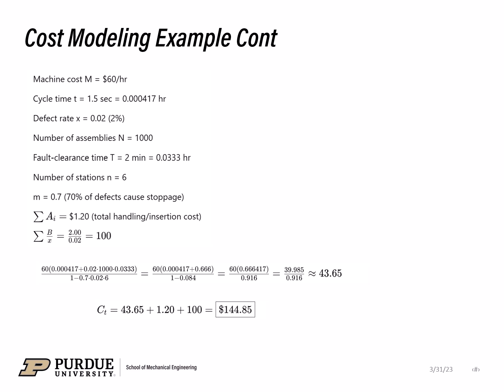When you plug these numbers into the total CFT equation, you get $43.65 as your processing cost, and then you add in your $1.20 for the handling and insertion, and you add in your reject rate cost of $100, and your total cost for that particular unit is, let's say, $144.85.